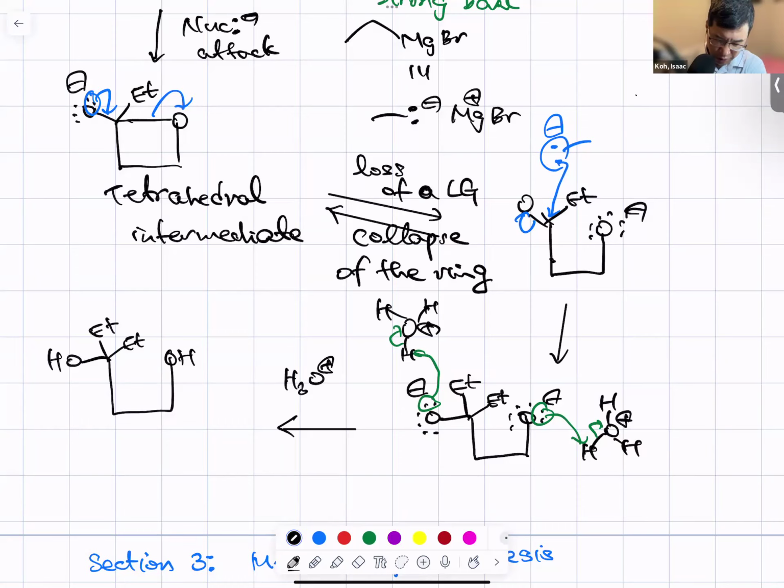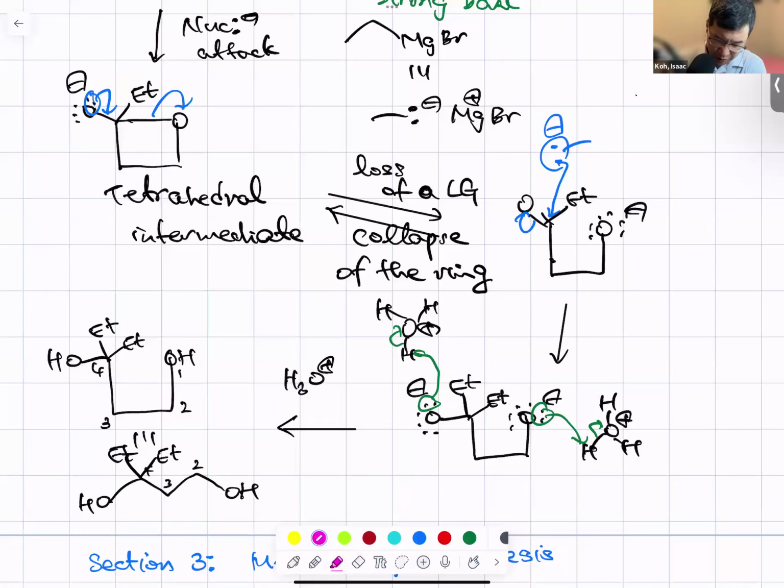Here, tertiary alcohol. Let me number it 1, 2, 3, 4. At 4 we have alcohol, and here we have two ethyl groups. This will be our final product.